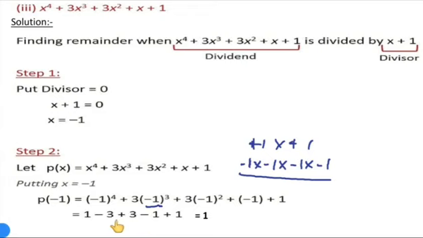Children, observe here: minus 1 plus 1 cancels and minus 3 plus 3 cancels. We remain with plus 1. So p of minus 1 is equal to 1. So it is not equal to 0.